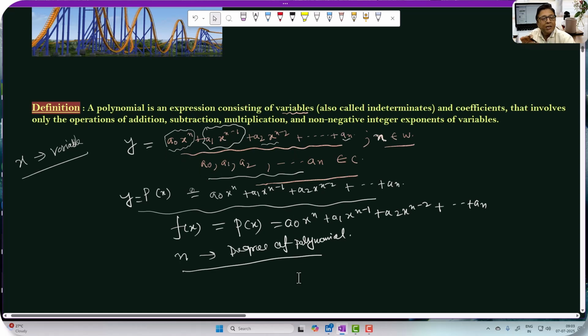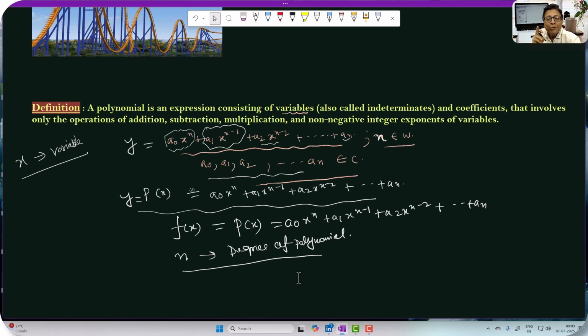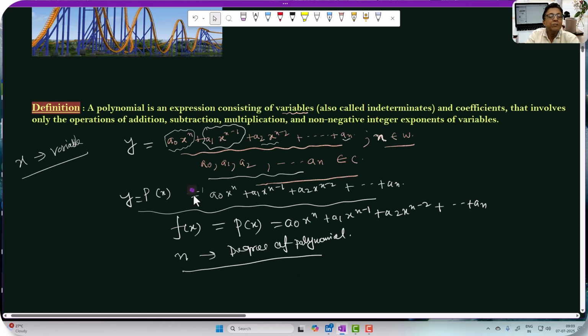So you understand a polynomial, the degree of a polynomial, the term of a polynomial, the coefficient and the variable involved, and that a polynomial can be seen as a function. If you have started today only for any examination, all these things you should keep in your mind.